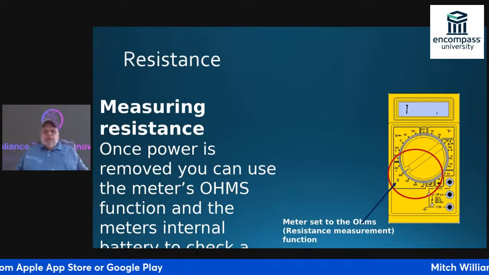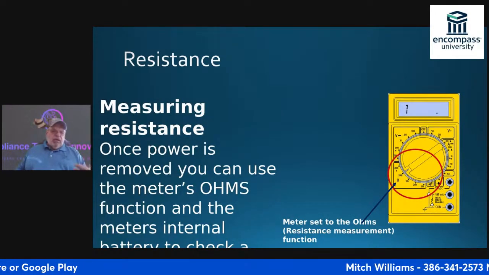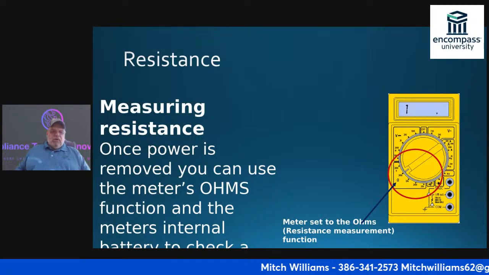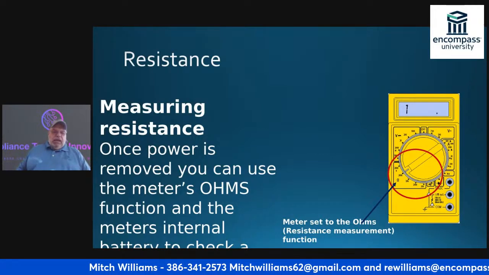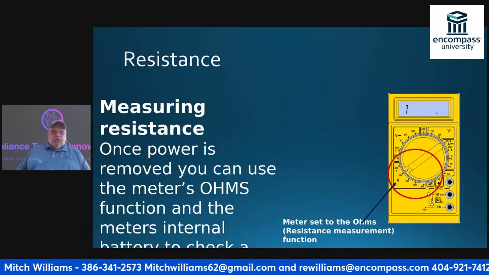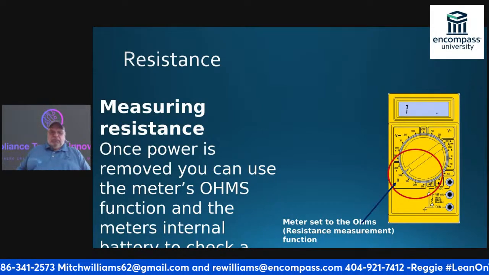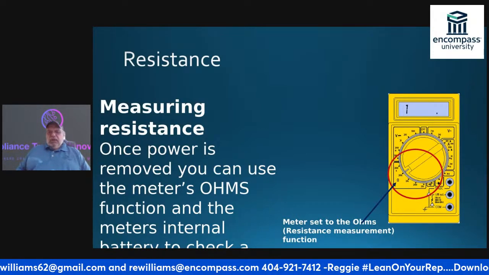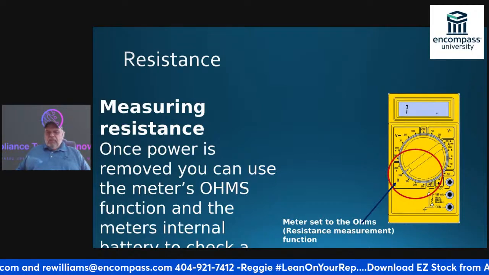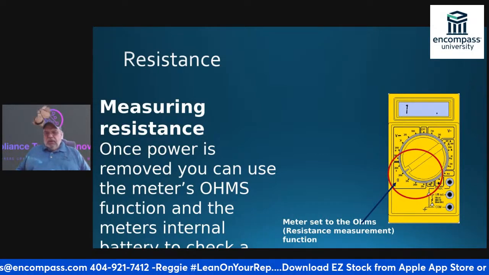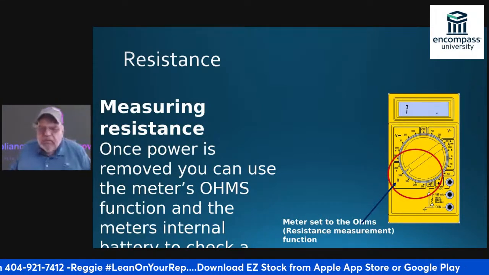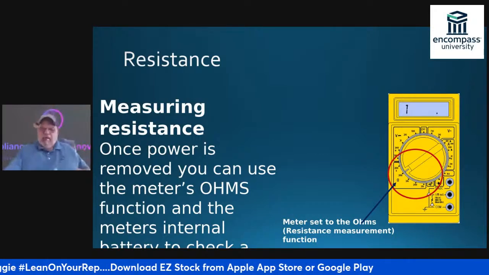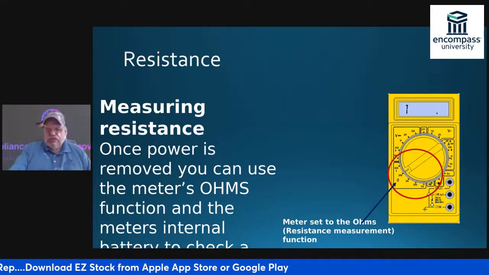Okay, measuring resistance. Once the power is removed, you can use the meter's ohms function and the meter's internal battery to check a component. Here's an example; this looks like a 200 ohm resistance.